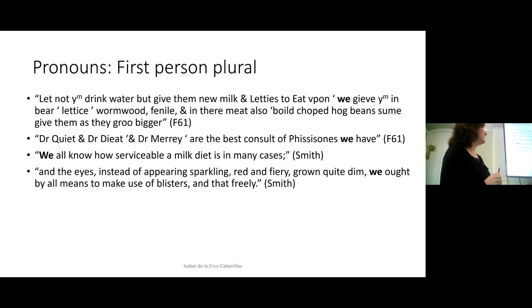here we've got 2 main ideas. And I'm going to let you know about this specific manuscript, Ferguson 61, because it is really an interesting one.